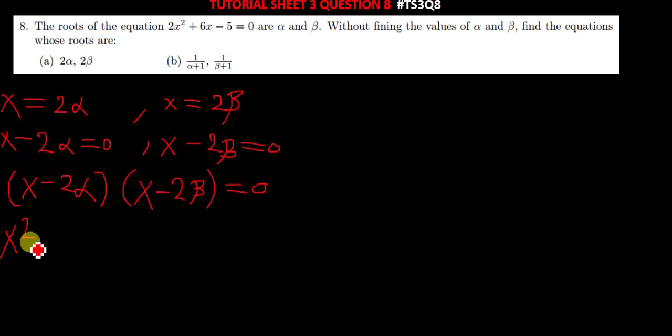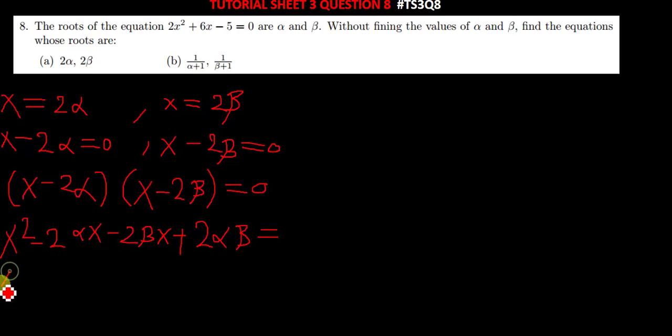Then you have a negative 2 alpha x, and then you have negative 2 beta x, then you have a positive 2 alpha times 2 beta, which is 4 alpha beta. So once you do this, you have something like this.